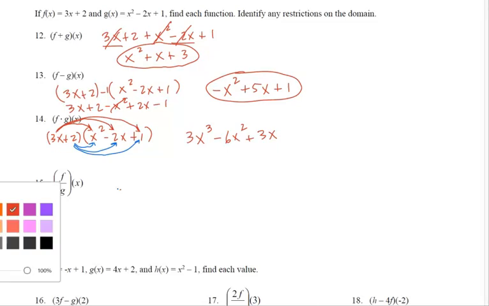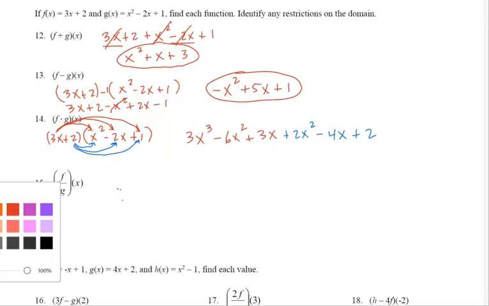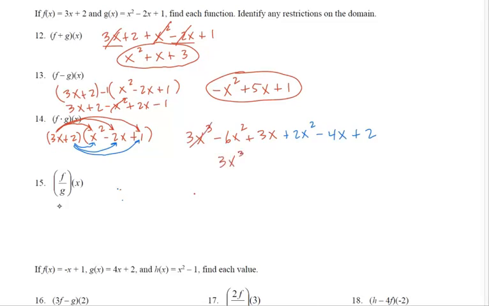Now, let's distribute the 2. 2 times x squared, positive 2x squared. 2 times negative 2x is negative 4x. And 2 times 1 is 2. And now it's just a matter of putting the like terms together. There aren't any other x to the third terms, but there are a couple of x squared terms.